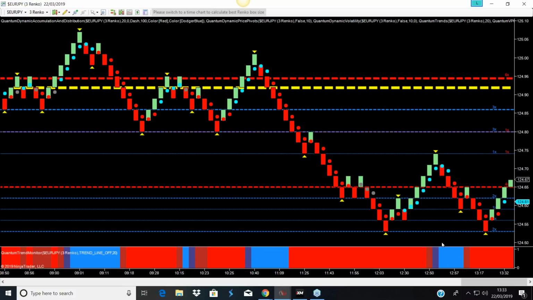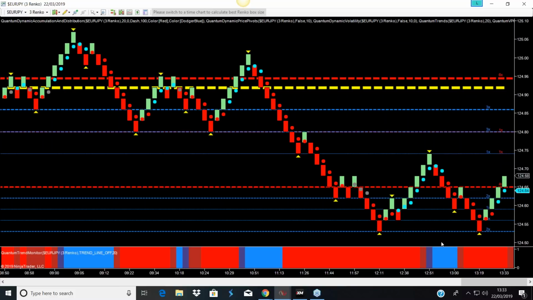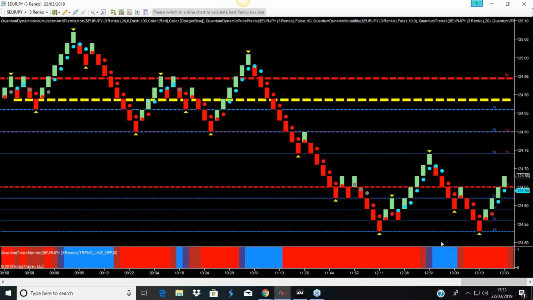This is the advantage of using a non-time based chart, particularly in these tricky situations, because this takes out all the noise that you see on the time charts. And here, the way we've developed the Renko, this is 3 Renko, so every time 3 pips go through the market, one of these bricks will post, but it's the value for the 1 minute chart, so it's a fairly fast chart.